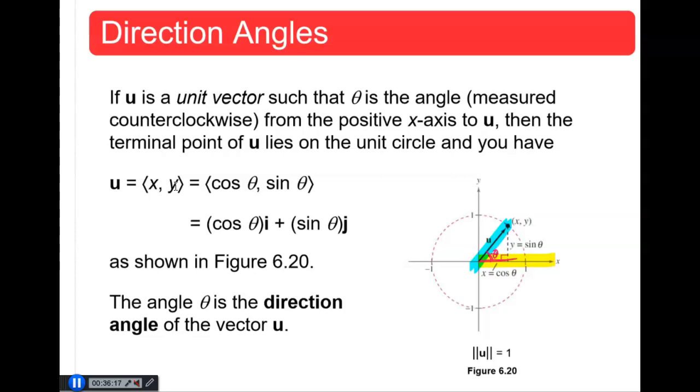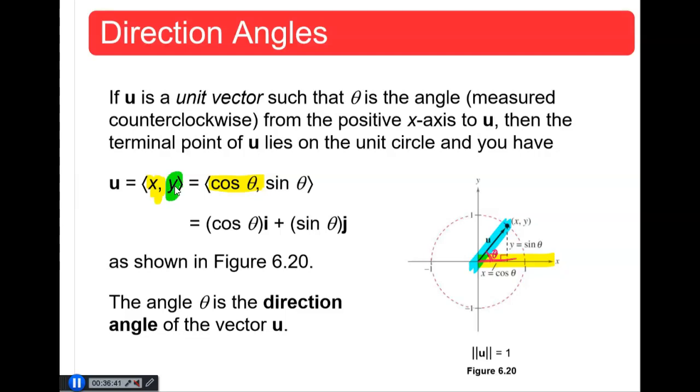So back then, if we were working with the unit circle, like the one you see on this figure 6.20, it is a unit circle because the radius is equal to 1. And so when that's the case, we could say that the cosine of theta comes from the x coordinate, or the horizontal component of this vector. So that would be cosine. And then we know that y is representing the sine of theta, or vice versa. Sine of theta is representing y, or the vertical component.